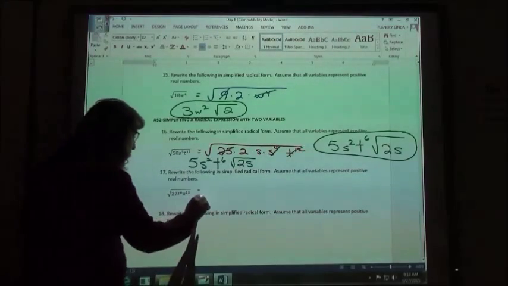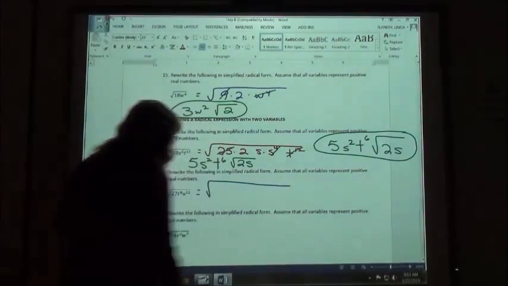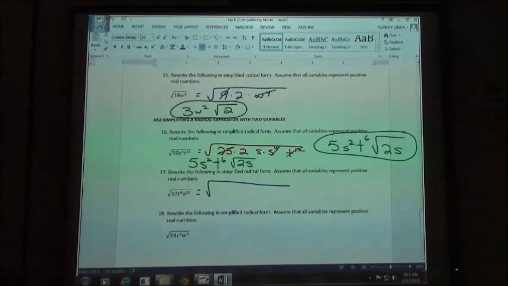So number 17, 27. 27 is not a perfect square. I want to factor 27 into what?